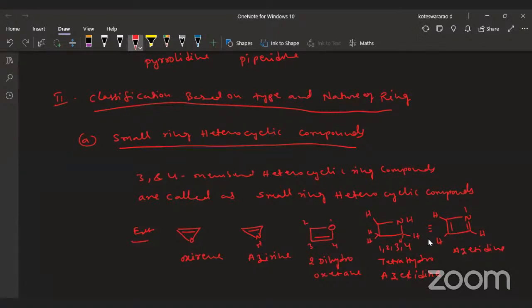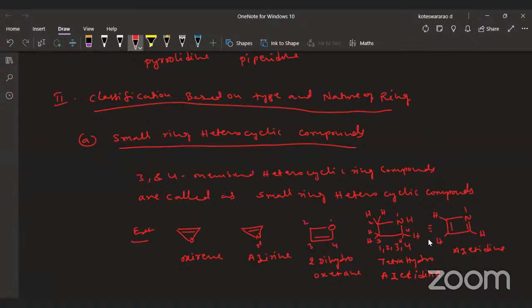In the previous case it is only one hydrogen, but here additional hydrogen is there, and the third position also has additional hydrogen. Whenever we add hydrogen at first, second, third and fourth positions, it gets fully saturated.